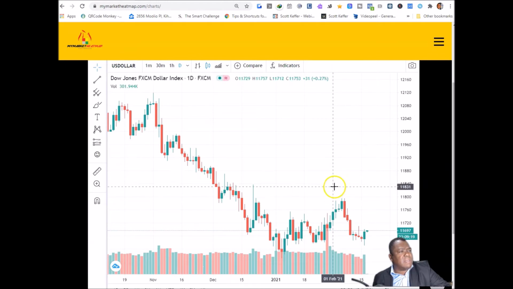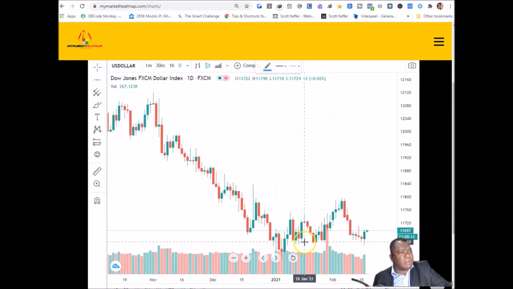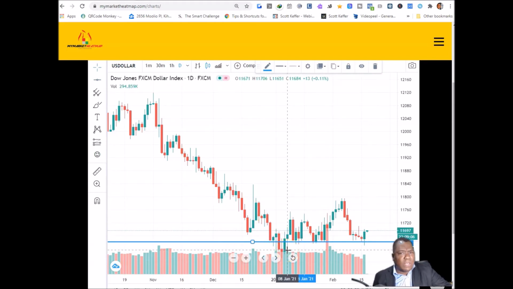It's an arrangement of currencies versus the US dollar, and we can see that we have a nice bit of support here in the US dollar. It trades like the DXY. You can look at the DXY; it has a similar chart pattern as well.